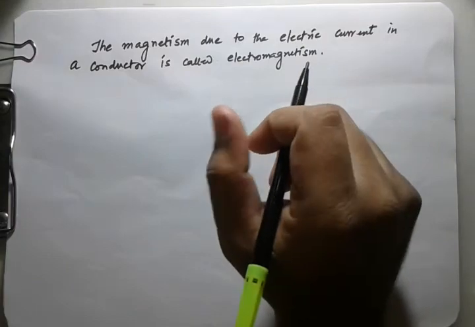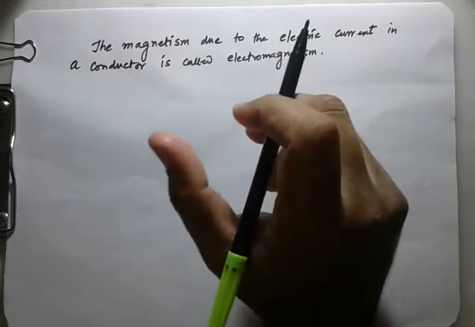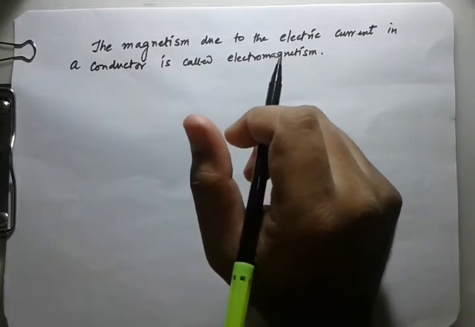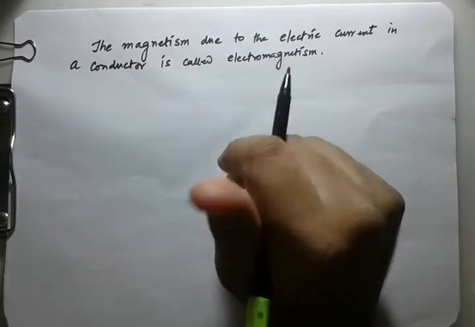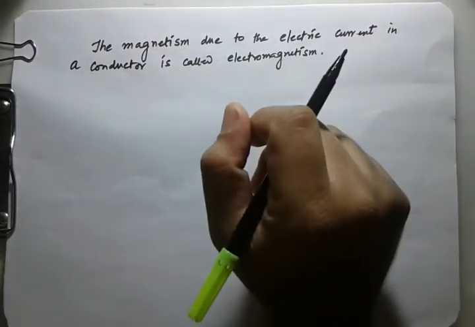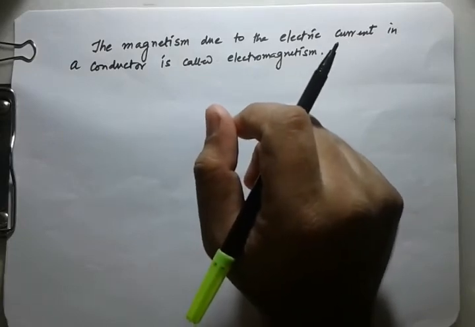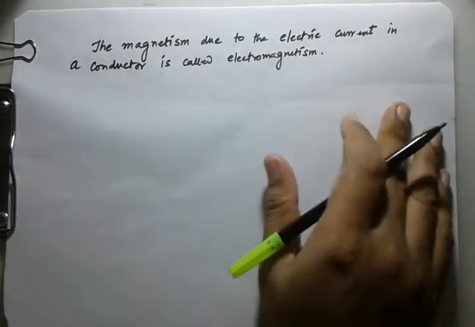Now today we'll only discuss Oersted's experiment, and what Oersted observed in it. We'll discuss the three observations he made. He did a simple experiment, so we are going to draw the diagram of the experiment.